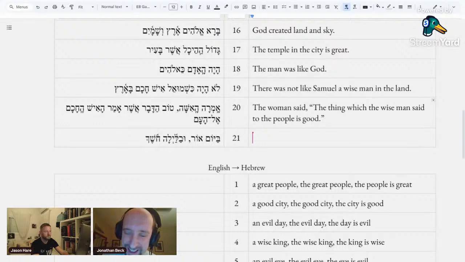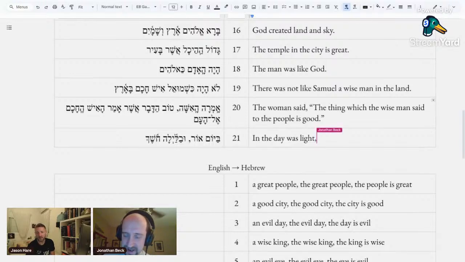So this is also, it's not that I'm a bad translator, it's just I'm not used to seeing this word order. Bayom or, in the day was light, which is just weird. How would you put that into good English? Bayom or uvalayla choshech. Light by day and darkness by night. Or it's in the day, light, and at night, darkness.